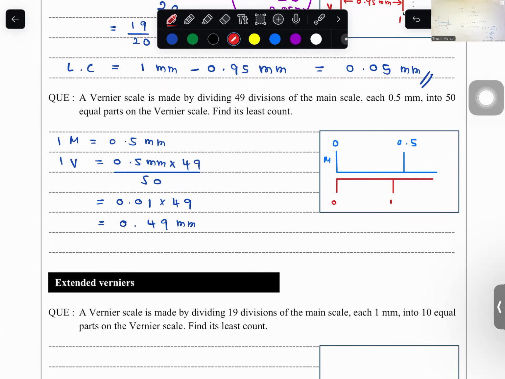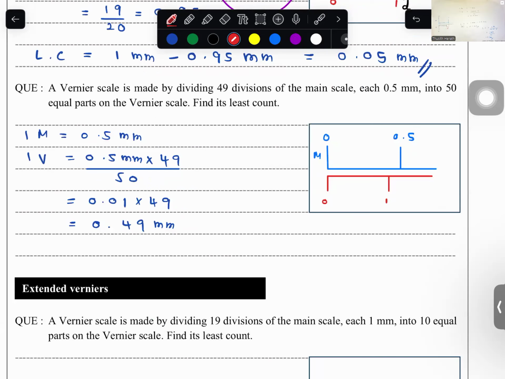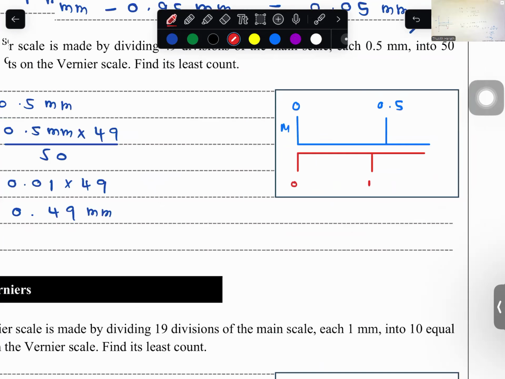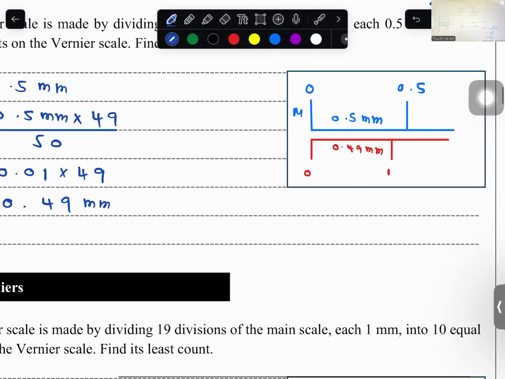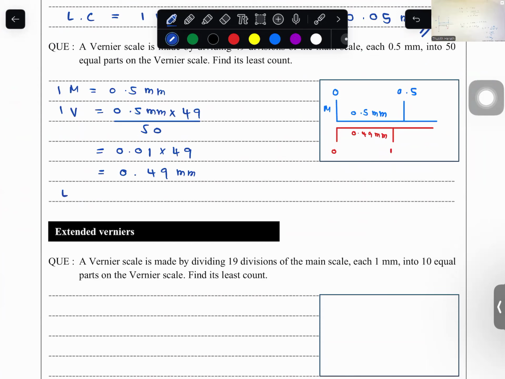Vernier scale lines are numbered 0, 1, 2, 3, 4, 5, because the length is not shown on the scale, but in the main scale the lengths are there. This should be a bit below the 0.5 line because the length is 0.49, while here the length is 0.5 millimeters. So the gap between the main scale line and a vernier scale line, you have to reduce 0.49 from 0.5, means 0.01 millimeters. Got it?